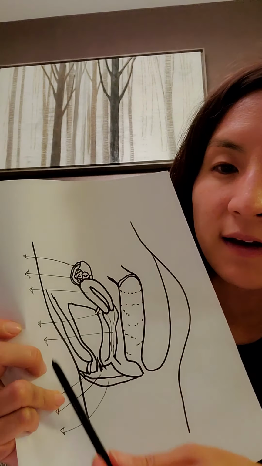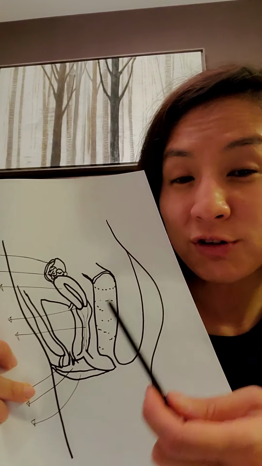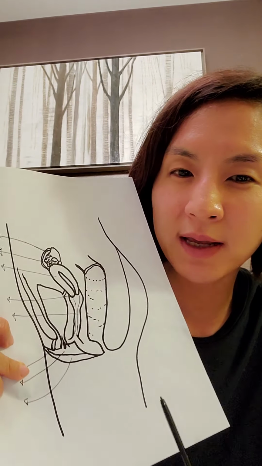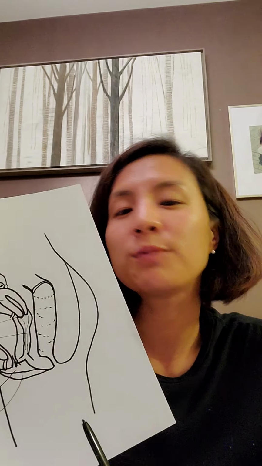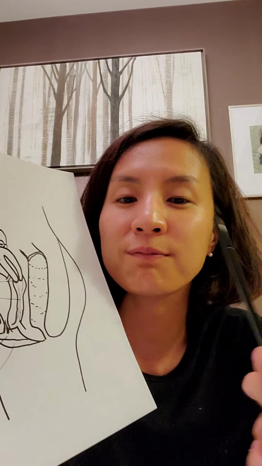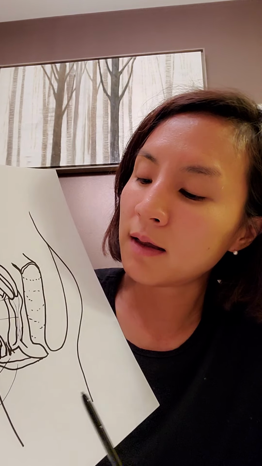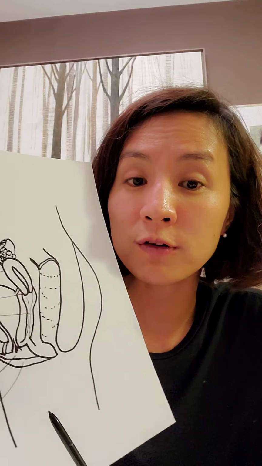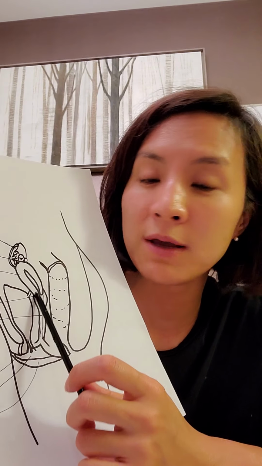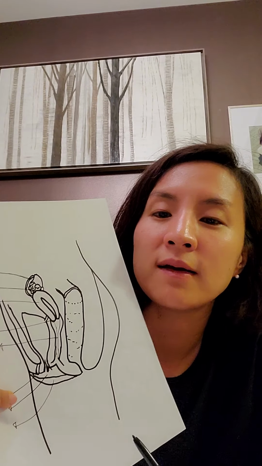The vagina extends from the uterus to the outside of the body, and it is responsible for sexual intercourse, where the male penis is received, and is also responsible for childbirth. The baby comes through the vagina and is born.